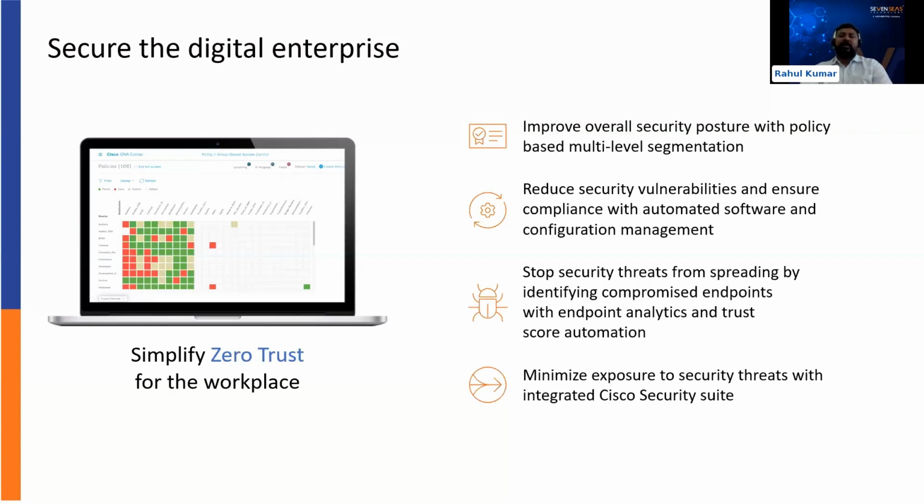Segmenting the network with intuitive policy management and continuous enforcement, software and configuration compliance monitoring. So if you have any flag related to compliance, it will send you a notification, and it will also give you suggestions to resolve those compliance issues, which will be there in the Cisco DNA Center itself.